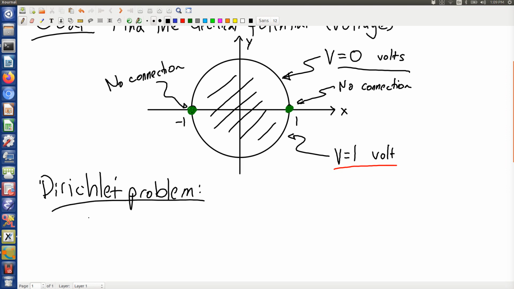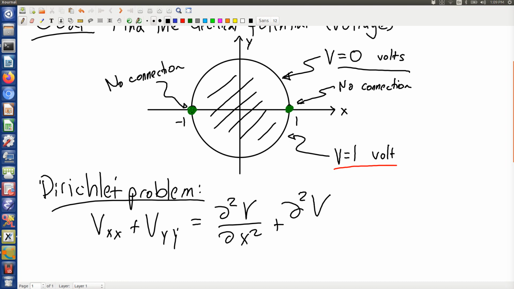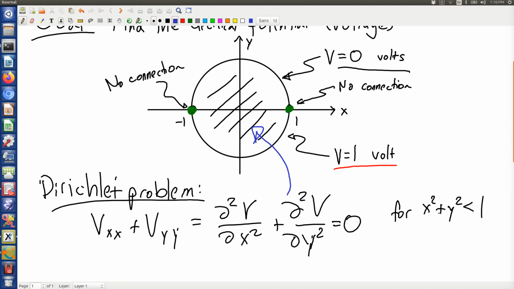The point is that the voltage satisfies Vxx plus Vyy, the second partials of the voltage with respect to x and y, equals 0 for x squared plus y squared less than 1. That's inside the disk.